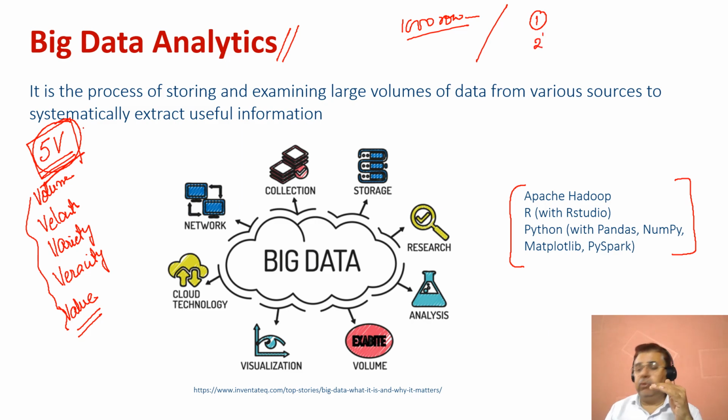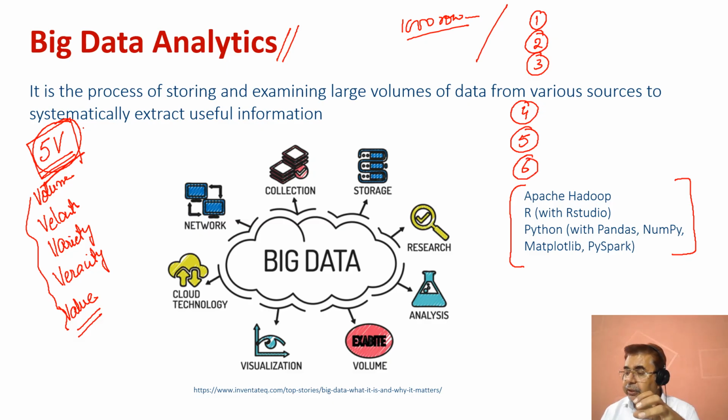The second could be data warehouse and querying. The third could be NoSQL database, the fourth could be data visualization, the fifth would be machine learning and advanced analytics, and the sixth one would be data integration and streaming.